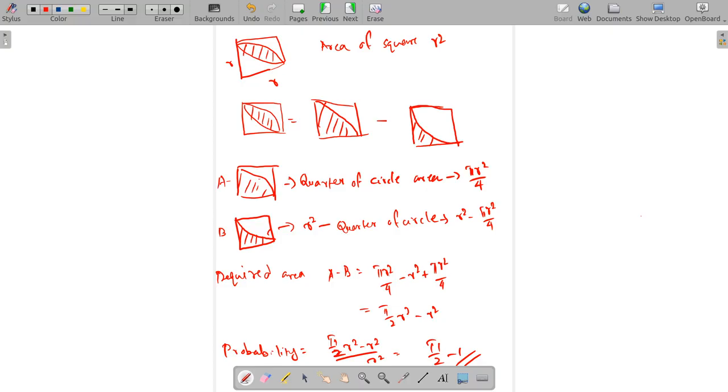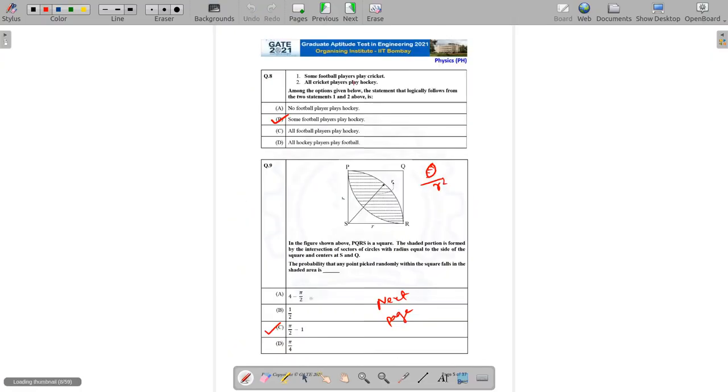You have pi r square by 4 minus r square plus pi r square by 4. That will give you pi r square by 2 minus r square. Now the probability is basically a minus b divided by r square, which is pi by 2 minus 1. So you get the right answer, option C, pi by 2 minus 1.